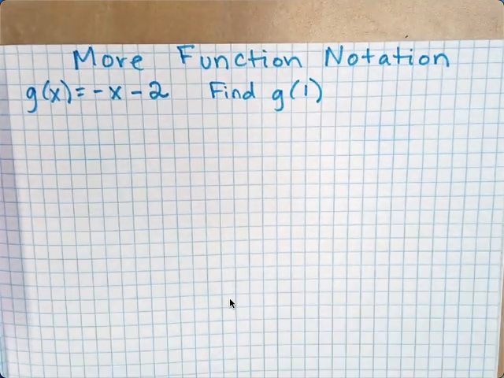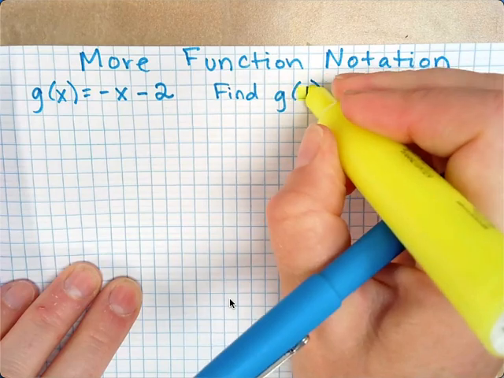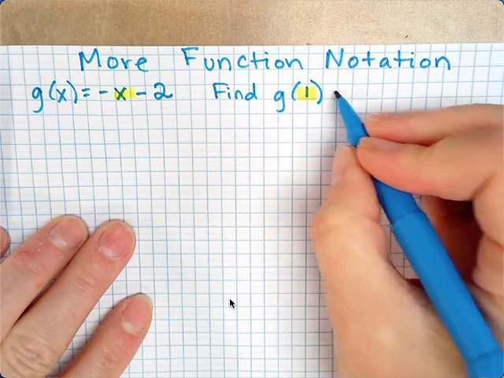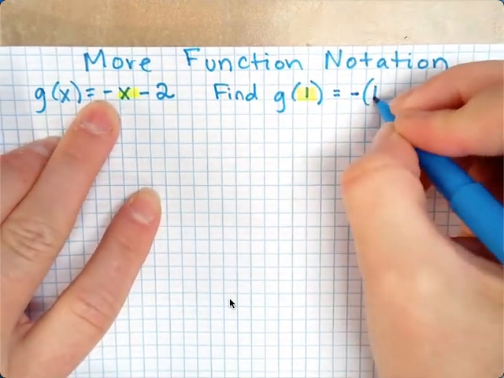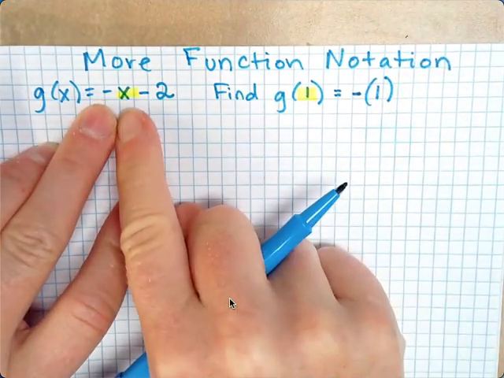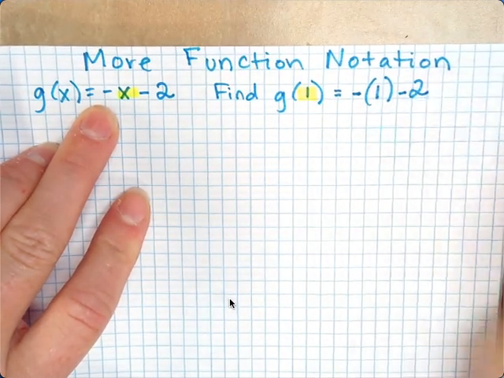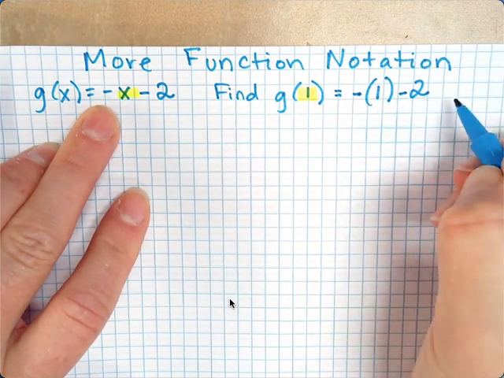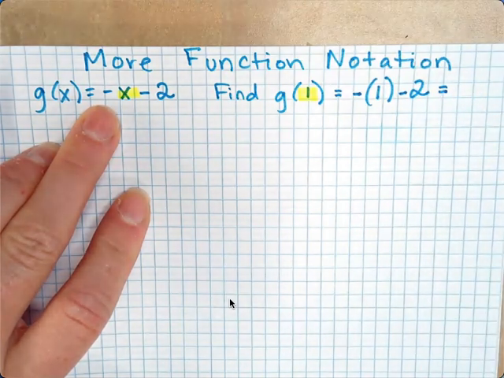Go ahead and try it. X equals 1. Yep, so this means x is 1. So we're going to plug in a 1 for x. So it'd be negative because the negative's there. And then 1 because 1 is what x is. Whenever I substitute it in, I want to make sure to keep that x value in parentheses. So negative 1 minus 2 equals negative 3.